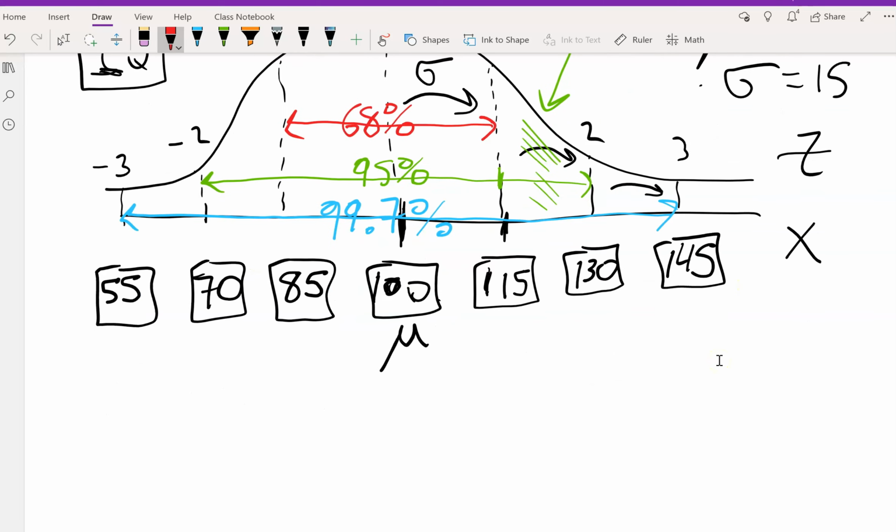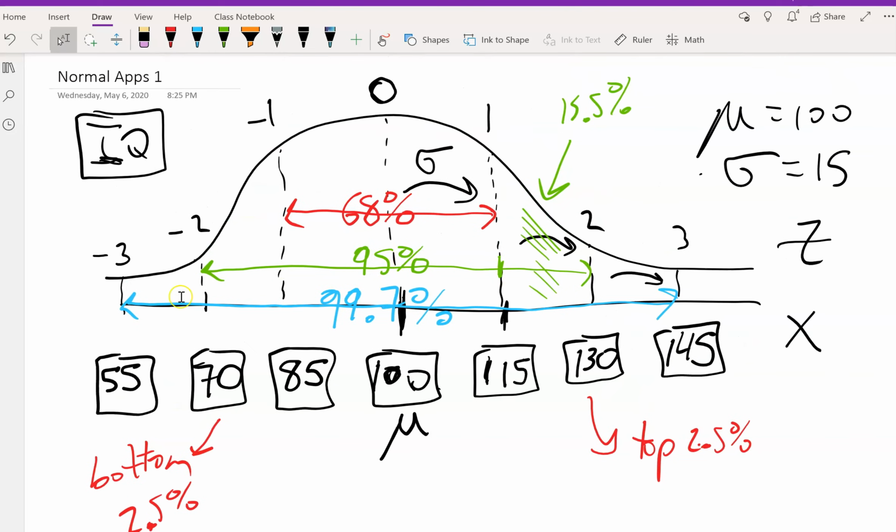That's very important to me. I now know where the top 2.5 live. The top 2.5% on the IQ test live at scores 130 and above. And vice versa, the bottom 2.5 in the world lives in scores of 70 and below. Those are what we call the classic outliers.